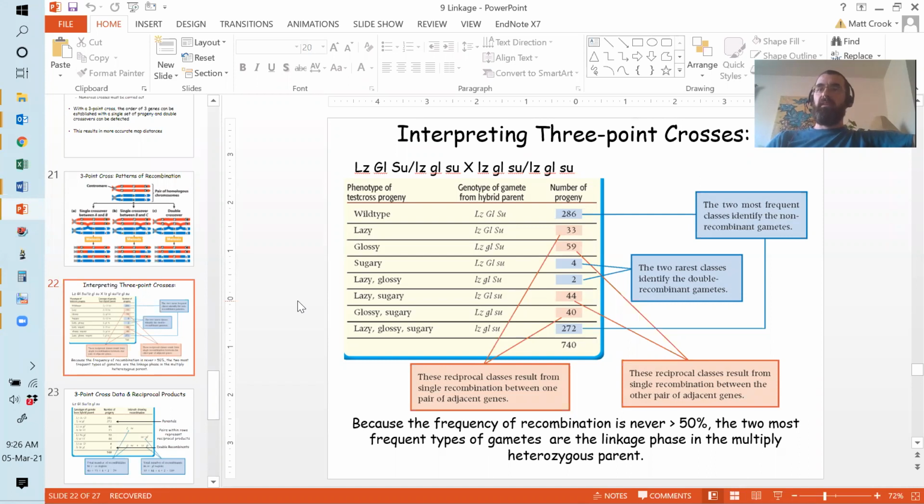So if you look very carefully here, one double recombinant is, I'll type it out so you can follow along, LZ. Actually, I'm going to do this all in capitals, to make it even more obvious.